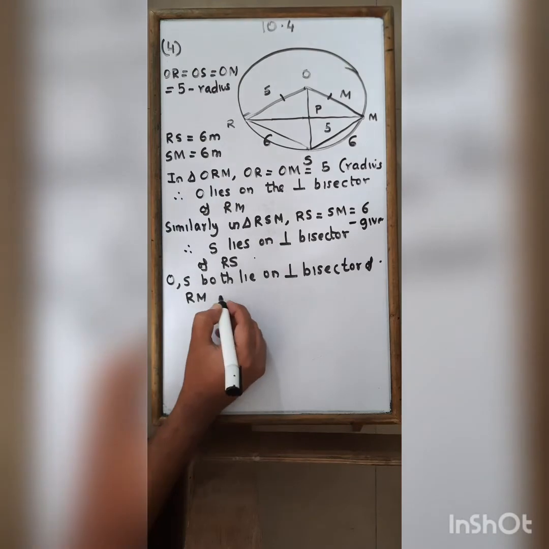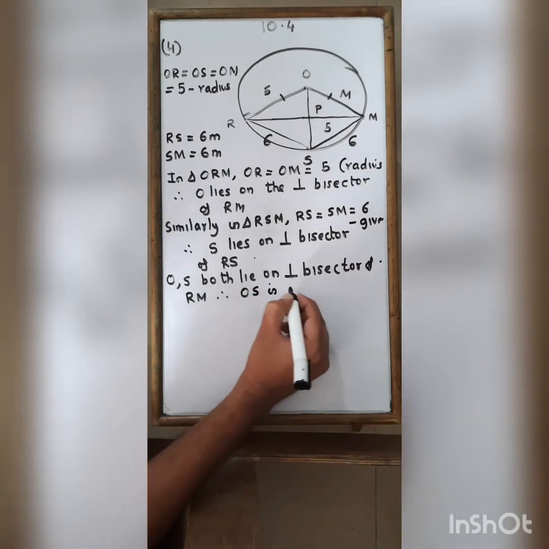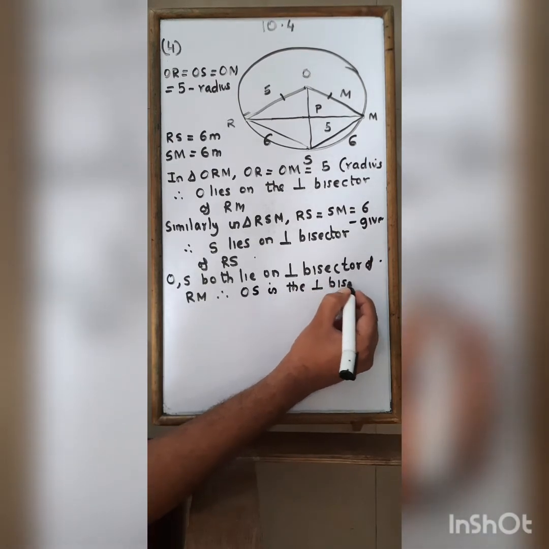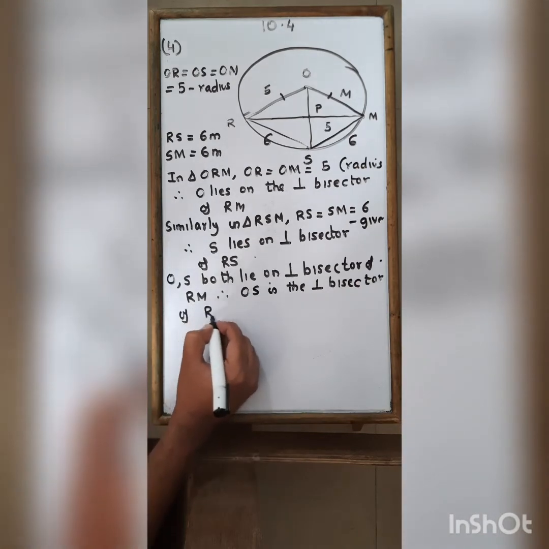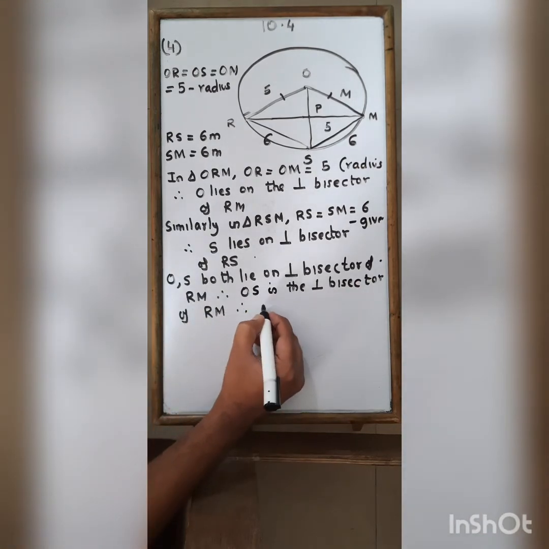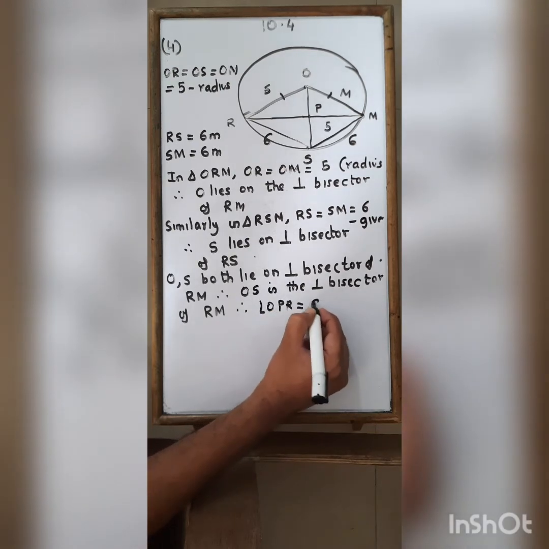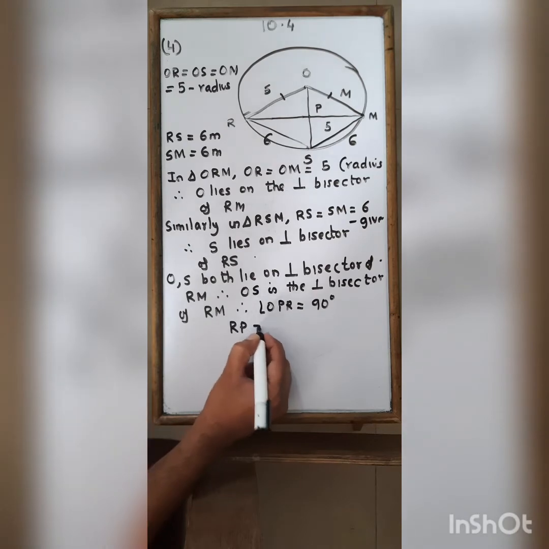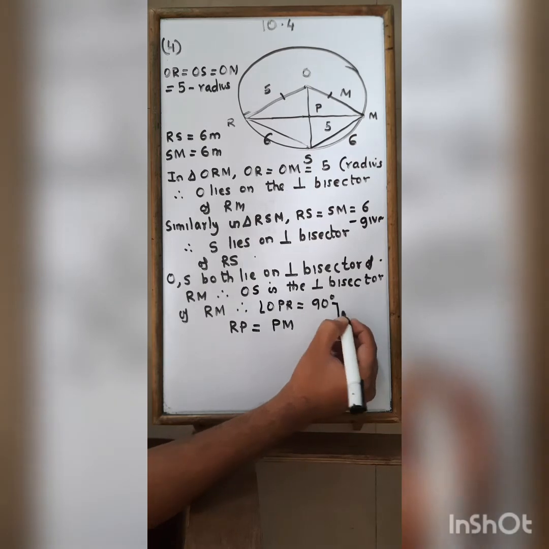Therefore, can I say OS is the perpendicular bisector of RM. Therefore, angle OPR is equal to 90 degrees and RP is equal to PM. Name this as 1.